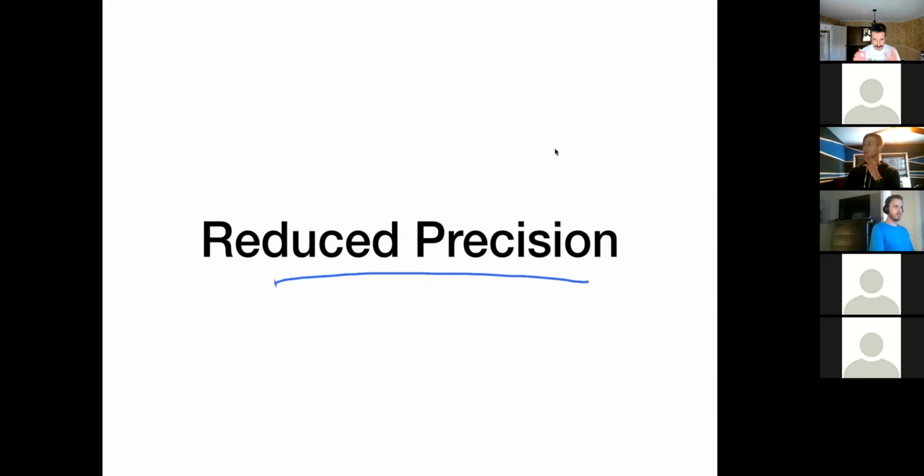Today is mainly talking about this reduced precision, representing both weights as well as the activations with some reduced precision in order to save energy and so on.